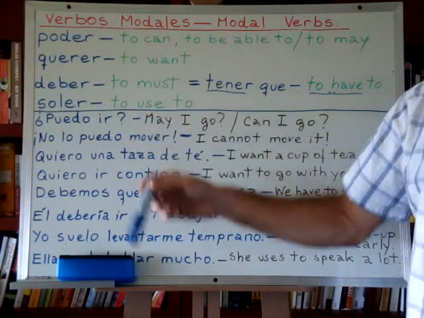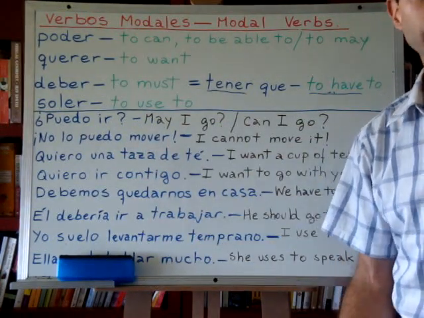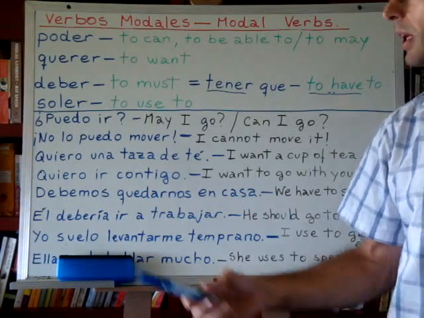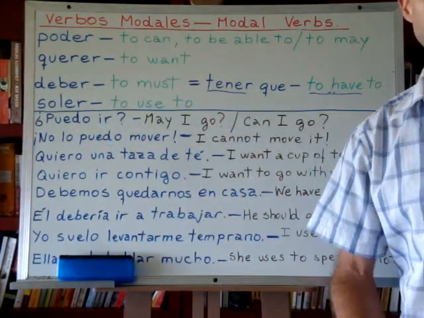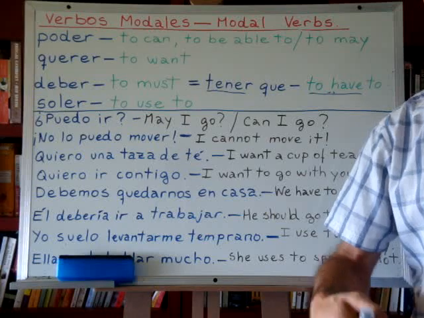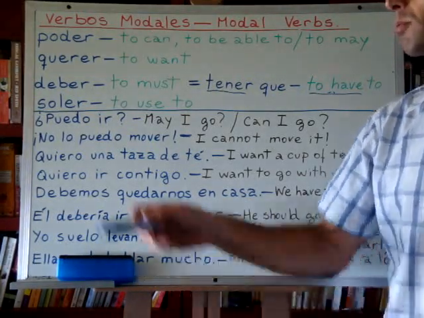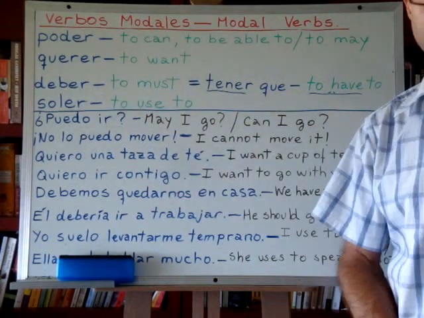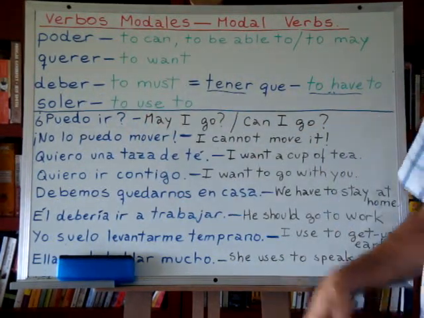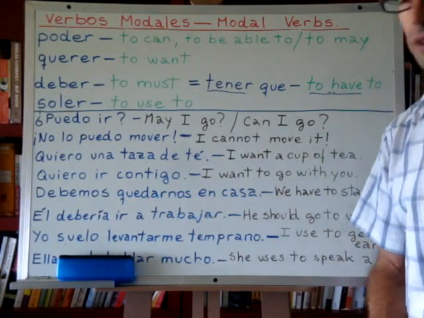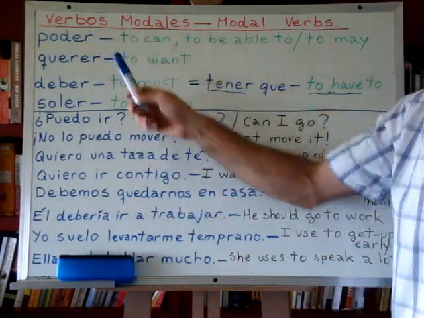So since these modal verbs are very important verbs in Spanish, in the next lessons I will show you how to conjugate them, right? Mainly because these three are irregular, okay? So you cannot actually use the rule for regular verbs to conjugate these three, okay? So now let's read some examples using sentences with these words, okay?